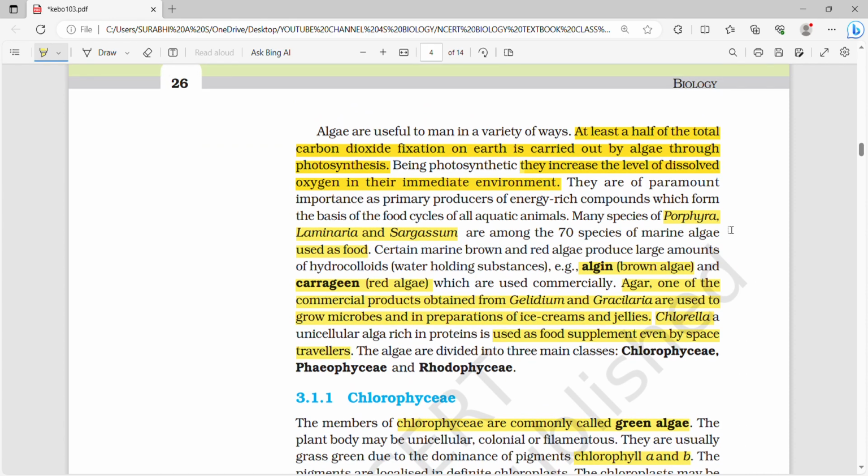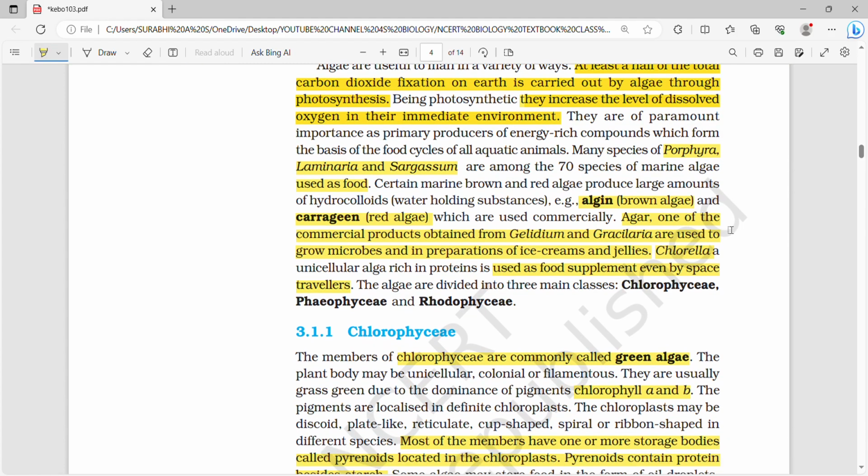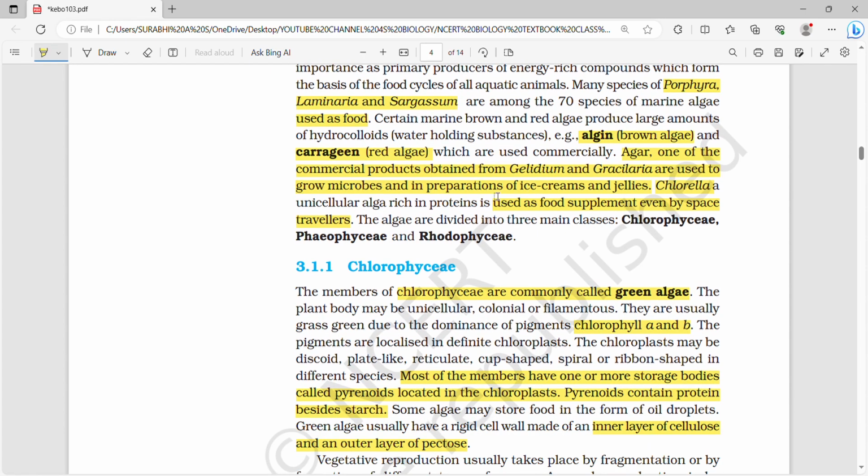Next, why are algae useful? At least half of the total carbon dioxide fixation on the earth is carried out by algae through photosynthesis. This is important. They increase the level of dissolved oxygen in their immediate environment. Many species such as Porphyra, Laminaria, Sargassum are used as food.